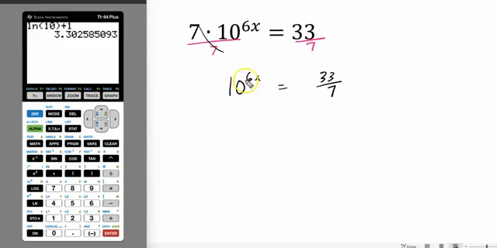Now I'm going to take logarithms of both sides. What base do I use? Well, the base here in this exponential term is 10. So I'm going to take logarithms of both sides with respect to base 10. That's the common logarithm, and so it's just written log. We don't even bother writing the 10. Now, once again, I'm going to use the power rule. If you have a logarithm of something raised to a power, then that power can come out the front.